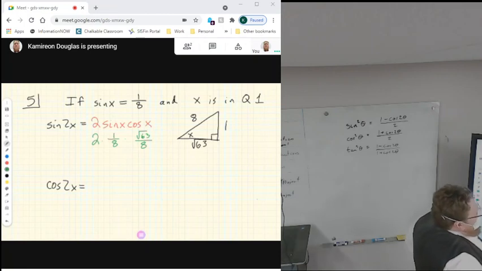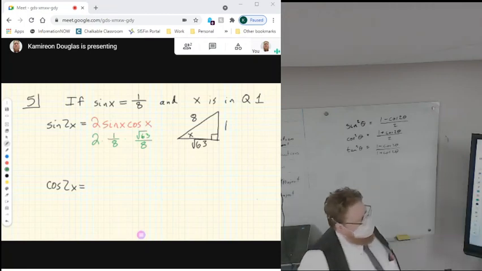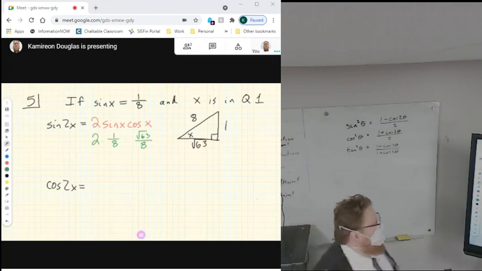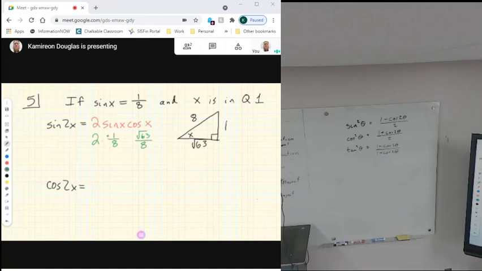Now, before I continue, I want to make sure x is in a specific quadrant, which can affect how the trig functions act. Since x is in quadrant 1, that tells me that all trig functions are going to be positive, which means that both of these should be positive 1 and positive square root of 63.